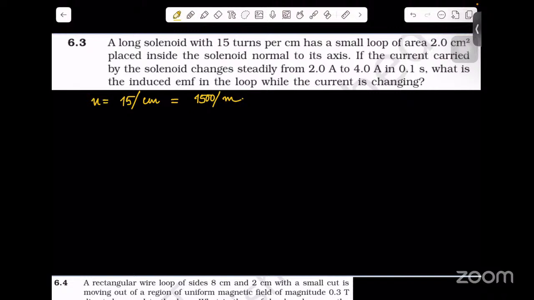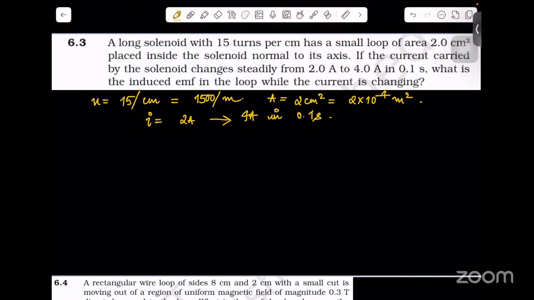Now the area of the loop is given as 2 centimeters squared, which is 2 into 10 raised to power minus 4 meters squared in SI units. And the current carried changes from 2 amperes to 4 amperes in 0.1 seconds.